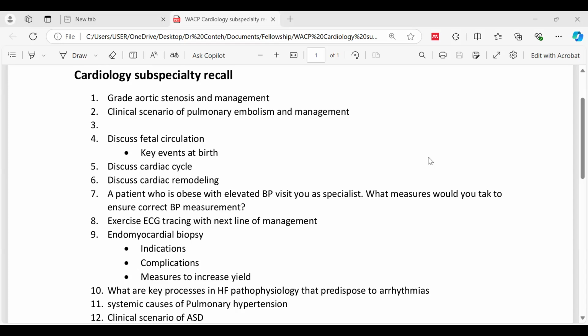So the first is remodeling that occurs as a result of pressure overload, where, as we all are aware, usually when there is pressure overload due to maybe hypertension or aortic stenosis, it leads to concentric remodeling, whereby there are changes in the left ventricular mass that occur with increased relative wall thickness.